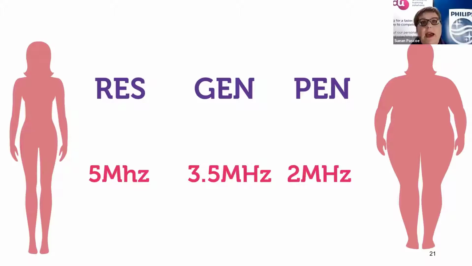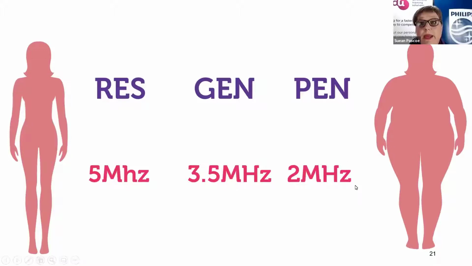Then the penetration setting is the one you need for your larger patients because it's a lower frequency setting. On other types of equipment with defined frequency, you turn the knob and choose the specific frequency. So the resolution is more your 5 megahertz, and your penetration is more your 2 megahertz.